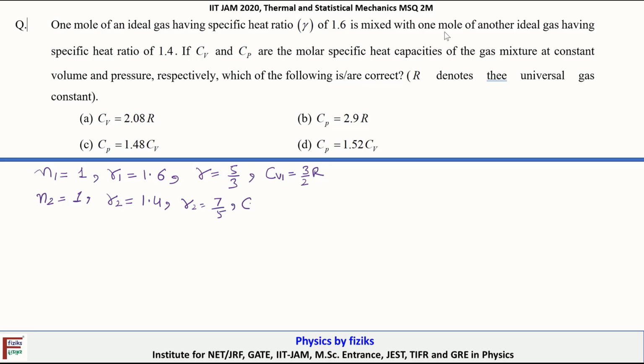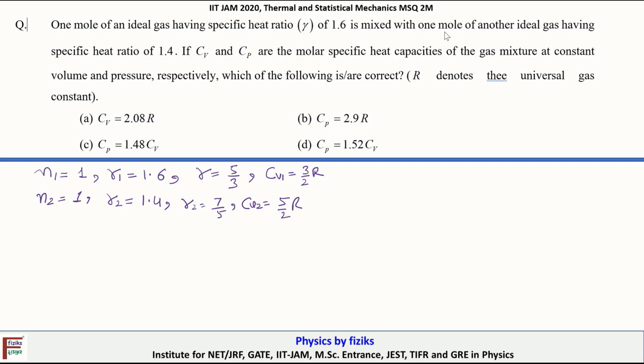This concludes that Cv2 is for a diatomic gas. A diatomic gas has 5 degrees of freedom, 3 translational degrees of freedom and 2 rotational degrees of freedom. So Cv2 per mole will come out to be equal to 5/2 R.